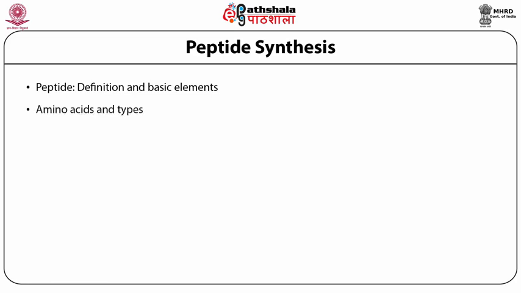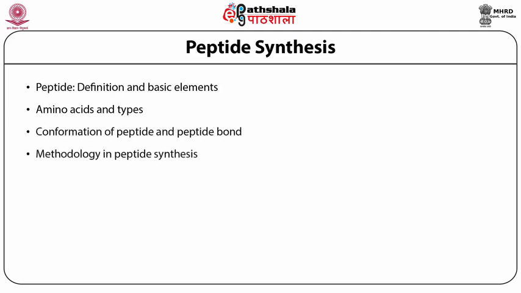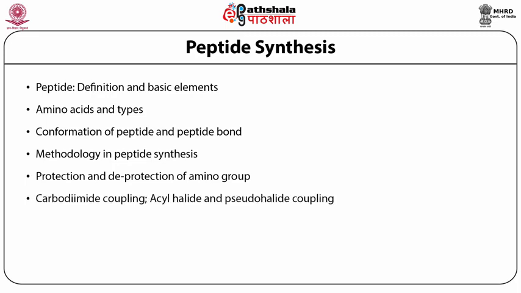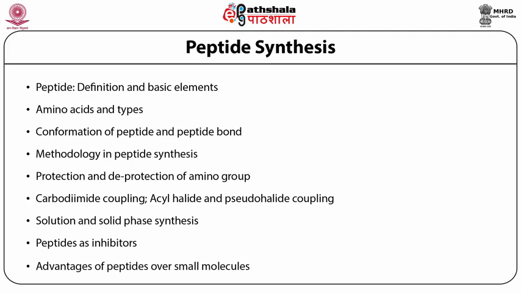We would describe the amino acids and the types of amino acids, conformation of peptide and peptide bond, methodology in peptide synthesis, protection and deprotection of amino group, carbodiimide coupling, acyl halide and pseudo halide coupling, solution and solid phase synthesis, peptides as inhibitors, and finally, we would be understanding the advantages of peptides over small molecules as drugs.